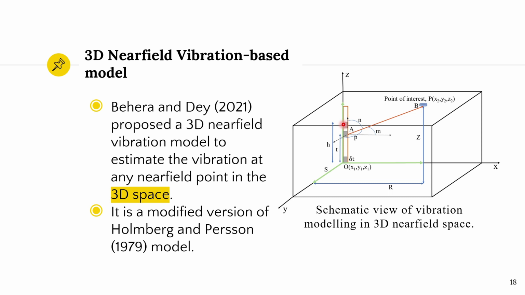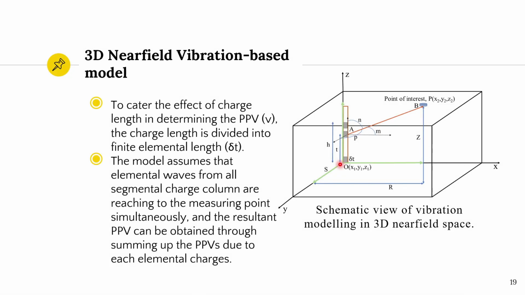H is the height of the charge length in this blast hole. Then, to cater the effect of charge length in determining the PPV, the charge length is divided into finite element length, that is del T. Then the model assumes that elemental waves from each segmental charge are reaching the point of measurement simultaneously, and thus the resultant PPV can be obtained through summing up all the PPVs due to each elemental charge.